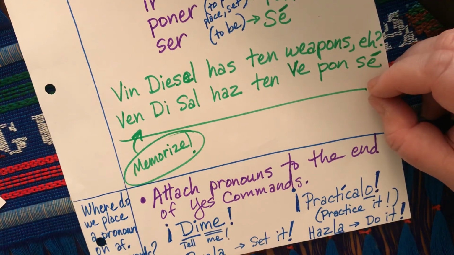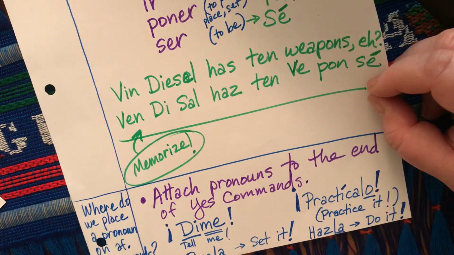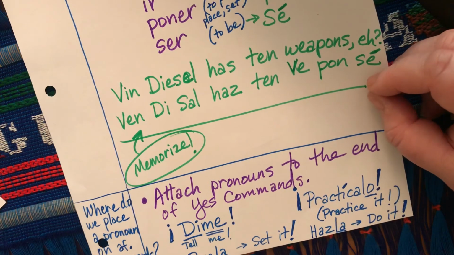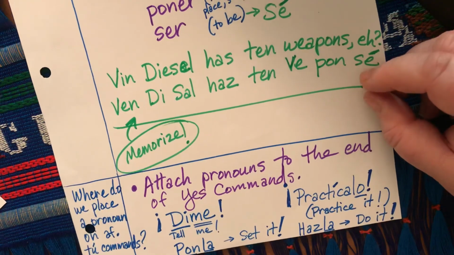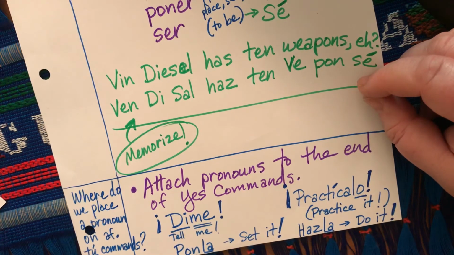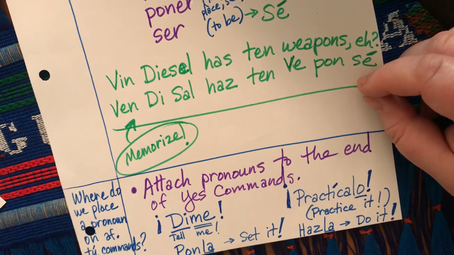Ponla, set it. Here's one more. Hazla, do it. So haz la tarea, I could say, or I could just take off the tarea and now it's a pronoun replacing homework. Hazla, do it. So copy your notes. Hazlos, do them, because los apuntes would be los as a pronoun.